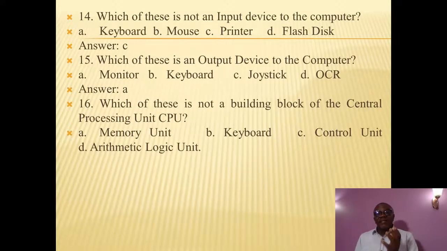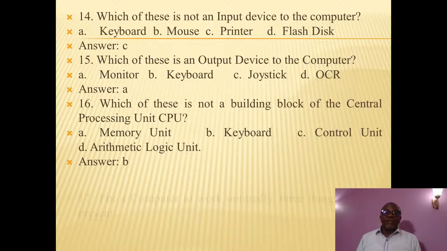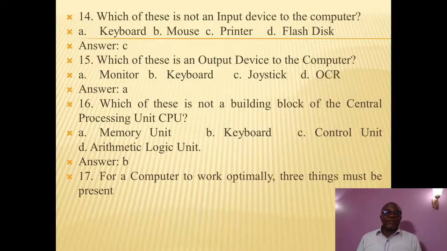So you see that keyboard is not a part of the building block, because keyboard is an input device to the CPU. So our answer is B. Keyboard is not part of the building block of a central processing unit.